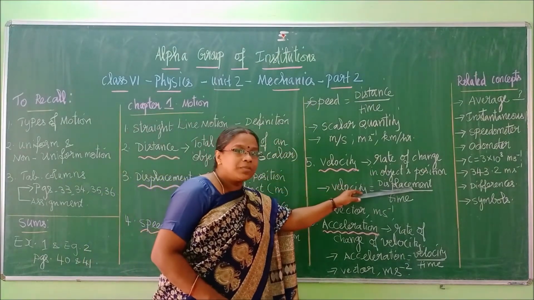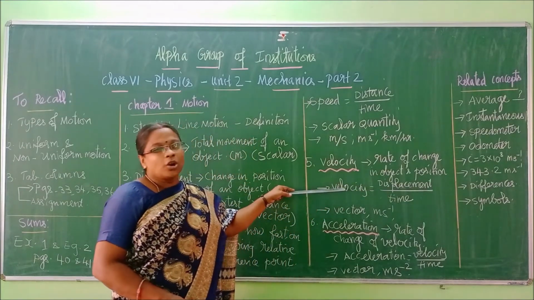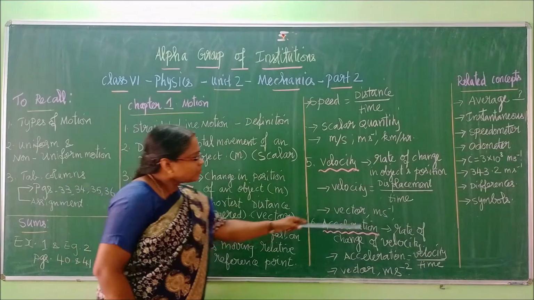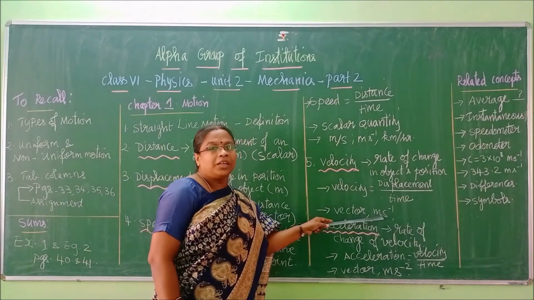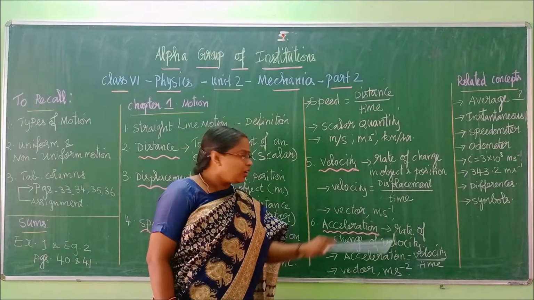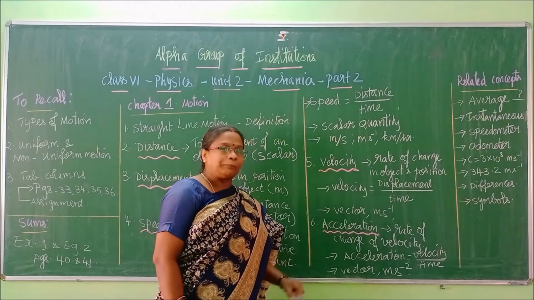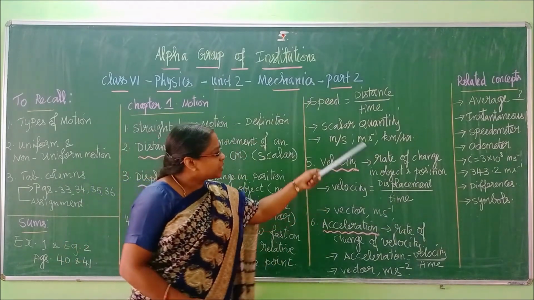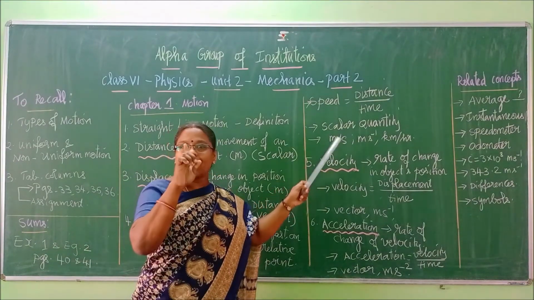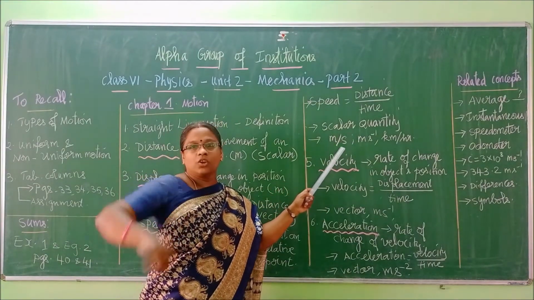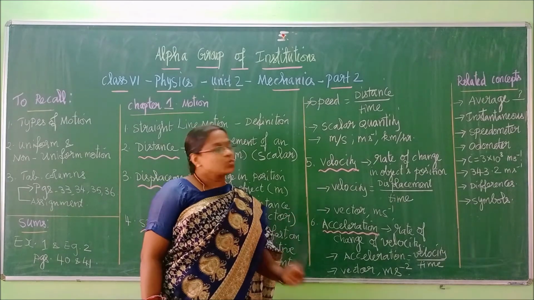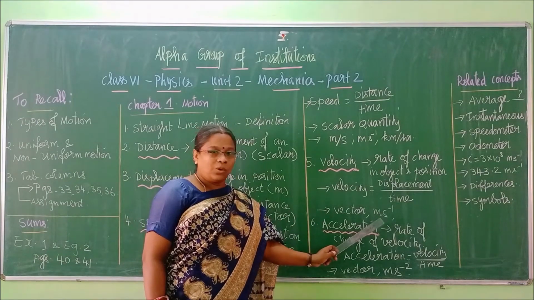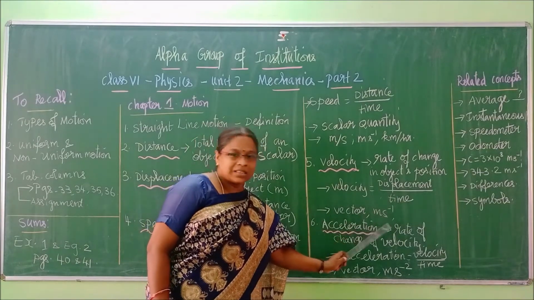But here displacement is a vector, so velocity is also a vector. Then what is the unit? Meter per second. Why? Displacement unit is meter, time's unit is second. Second has power +1, and when it goes to the numerator it will have -1. Same here. How will you pronounce it? Not meter by second, meter per second.